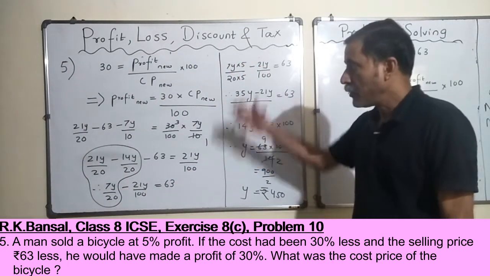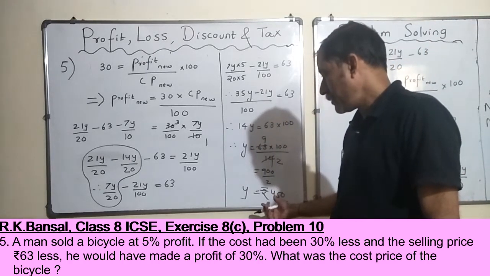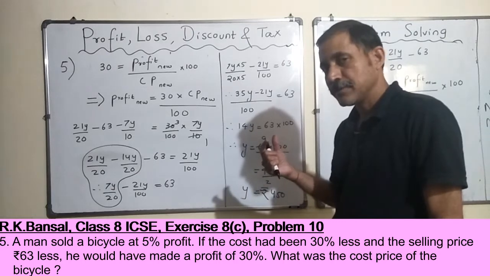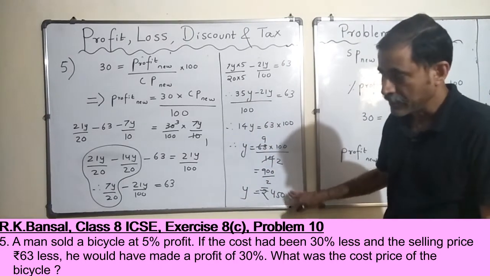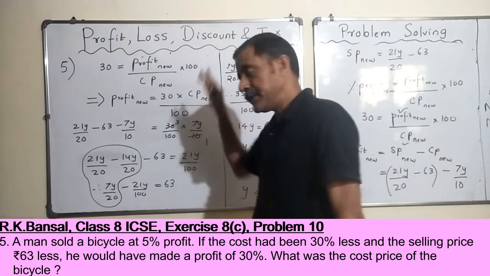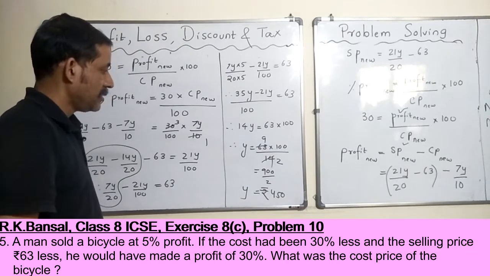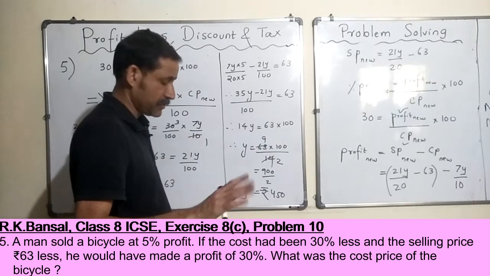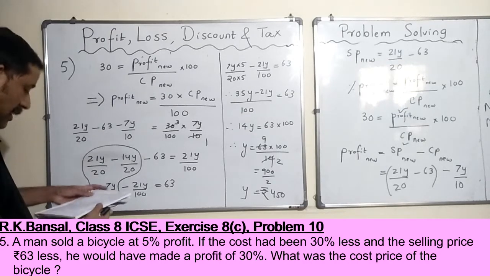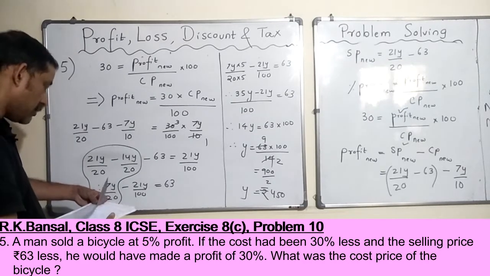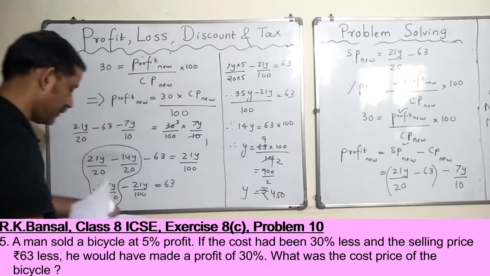We did all this calculation to get the cost price of the bicycle, which happened to be 450 rupees. Not at all complicated. If you go step by step, you would understand and you will be able to solve it also. Nothing to hurry about, just go over it once. I believe that is what was asked: what was the cost price of the bicycle? You can write it down. The cost price of the bicycle is rupees 450.